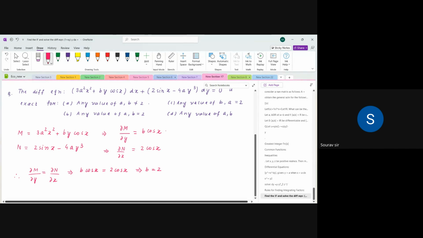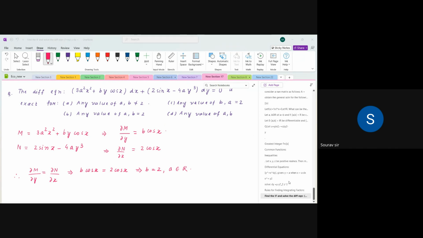Correct? So that means for exactness, the only restriction that we are getting is that b should be equal to 2. There is no restriction on a. That means a can be any value, any real number, since there is no restriction.